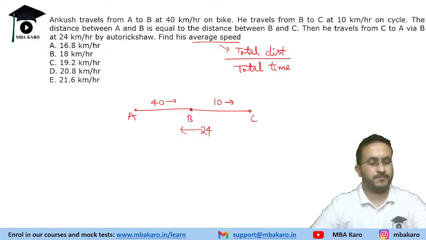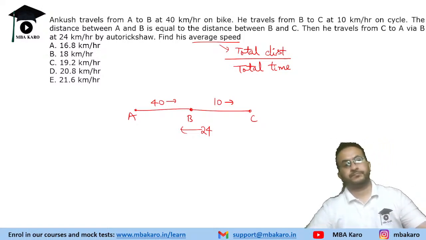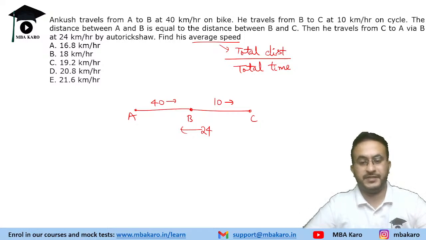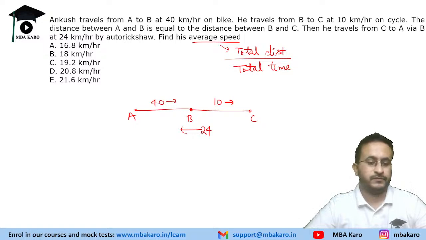So how do we find this? How do you find the average speed? So average speed is total distance upon total time. Now is the distance given? It is not given, right? So one approach is you take the distance between A and B as d, and then again the second distance also d.